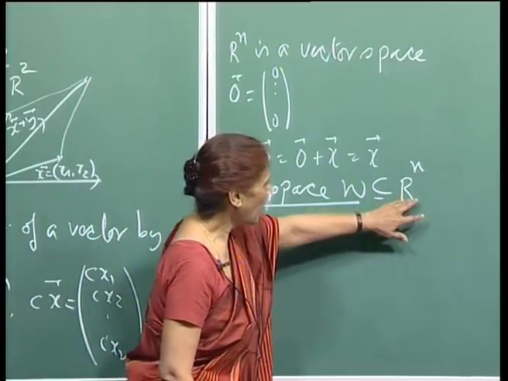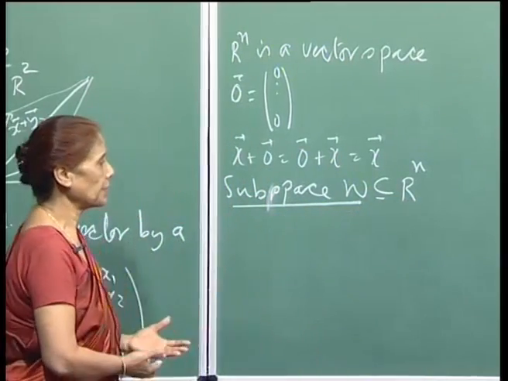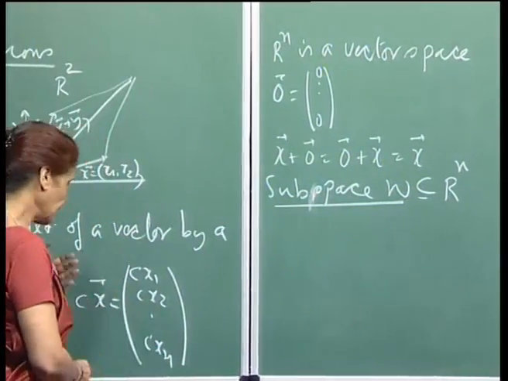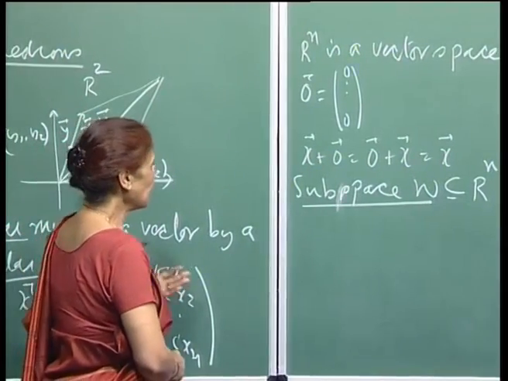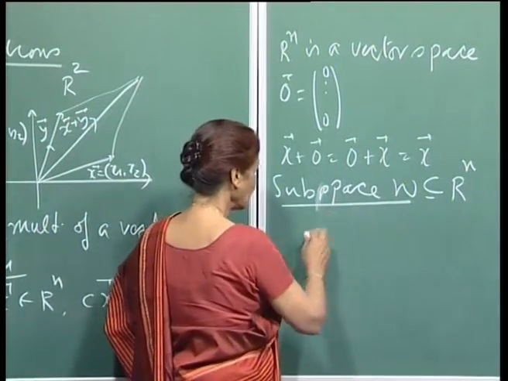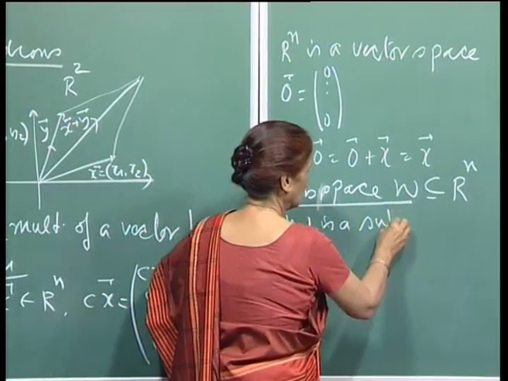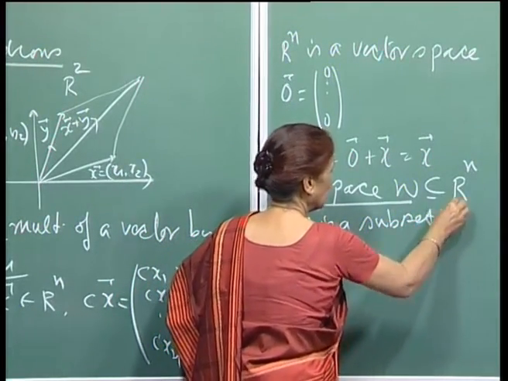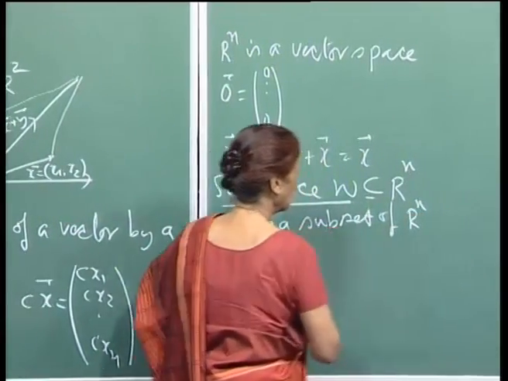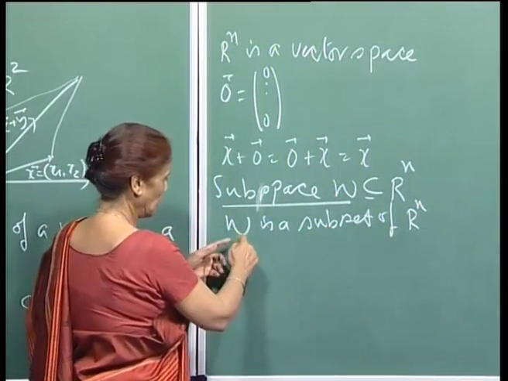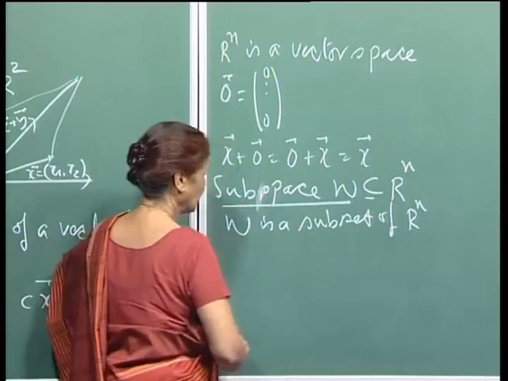W of Rn. Okay. So, as the name suggests, it is a subset. W is a subset of Rn which is closed under vector addition and scalar multiplication. What I mean to say is that W is a subset of Rn, that means the vectors in W are in Rn, fine.